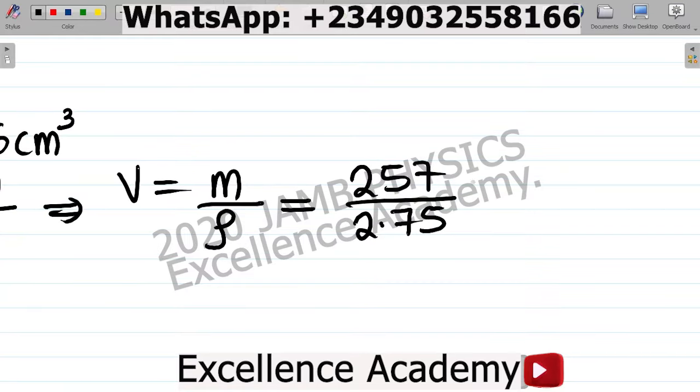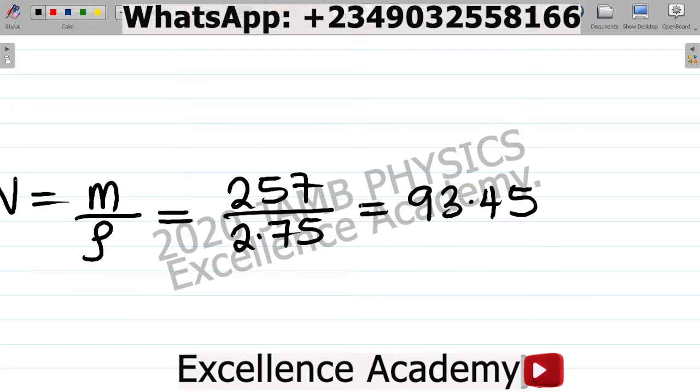Let's divide this: 257 divided by 2.75 is about 93.45. Volume will be in cm cube, so this is in cm cube.